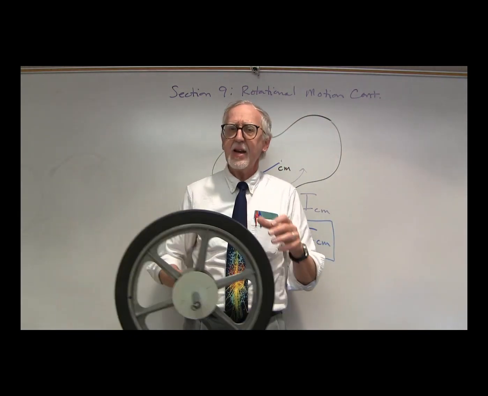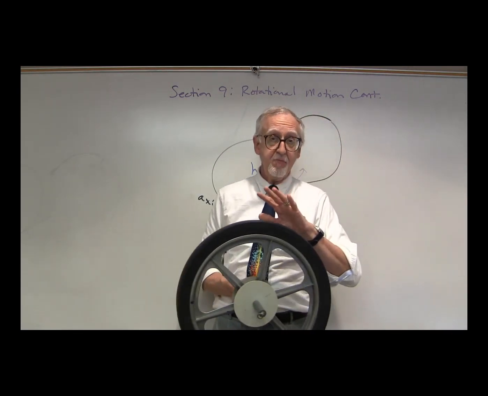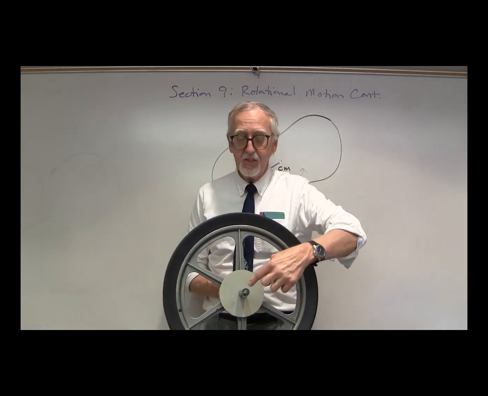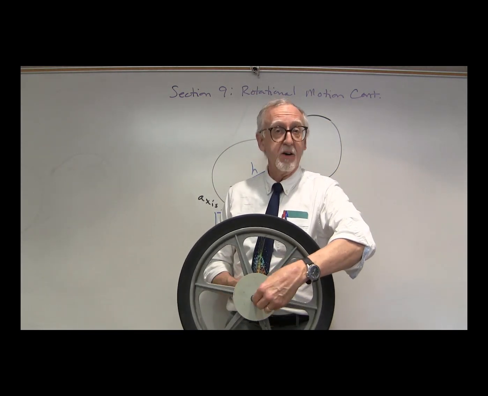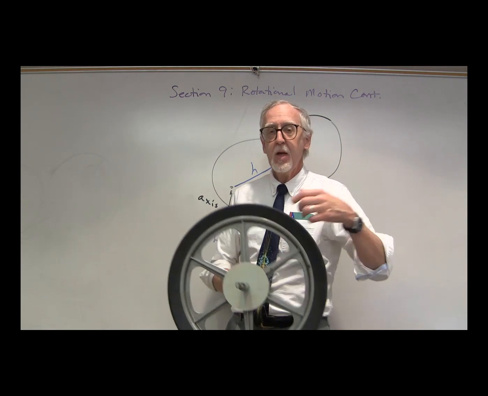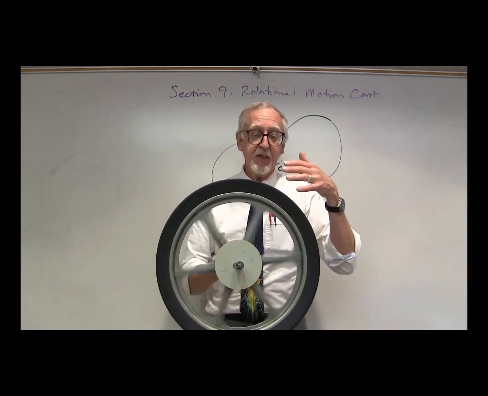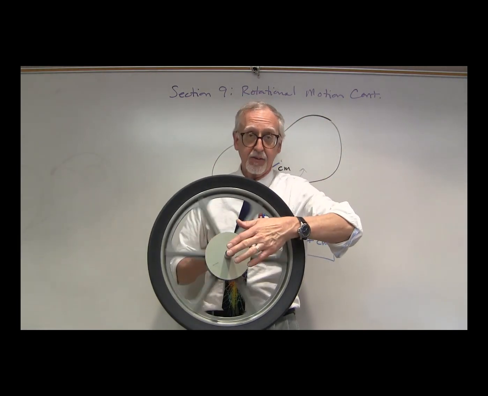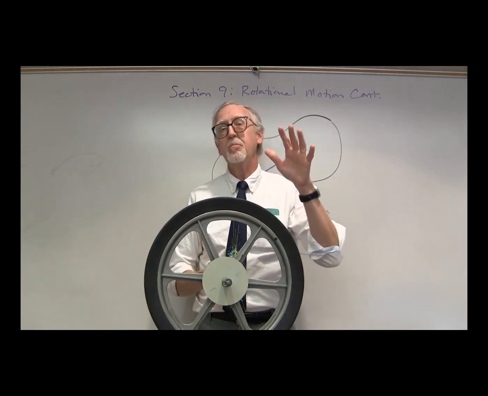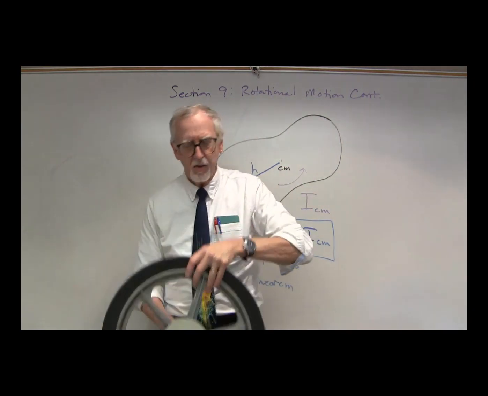So the total kinetic energy would be the translational kinetic energy, 1/2 mv squared, where v is the velocity of the axis of rotation, or the velocity of the center of mass, plus 1/2 I omega squared, which would be the kinetic energy of the object as it's rotating around its axis of rotation. So we can break the total kinetic energy down into the two parts. Okay, very good.